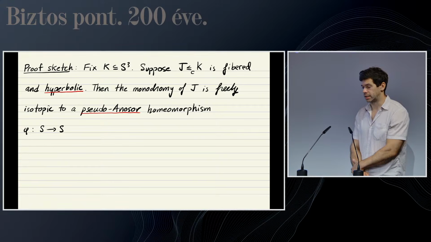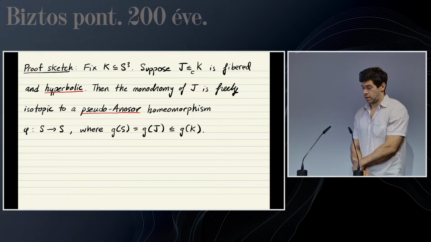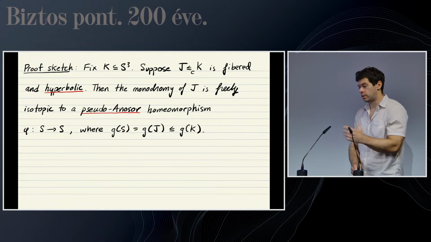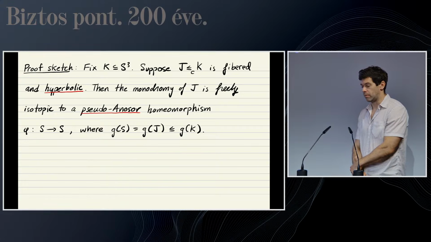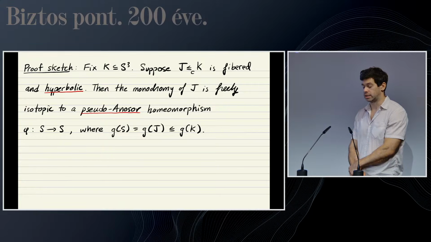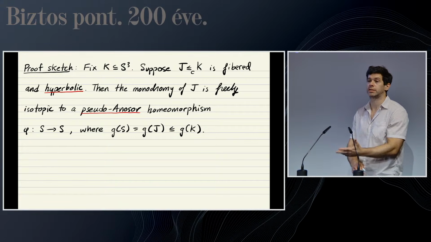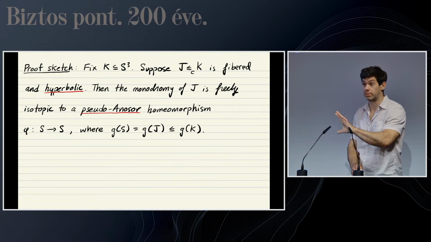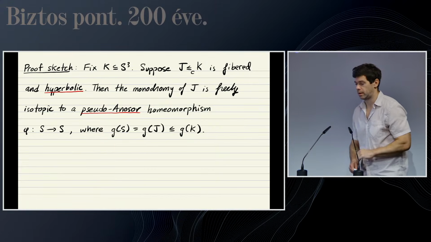It's freely isotopic to what's called a pseudo-Anosov homeomorphism of the surface. And furthermore, we also know, for example, from Zemke's theorem, we can constrain the topology of this fiber surface S. So the genus of S is the same as the genus of J, which is less than or equal to the genus of K. So there are only finitely many possible topological types of S.